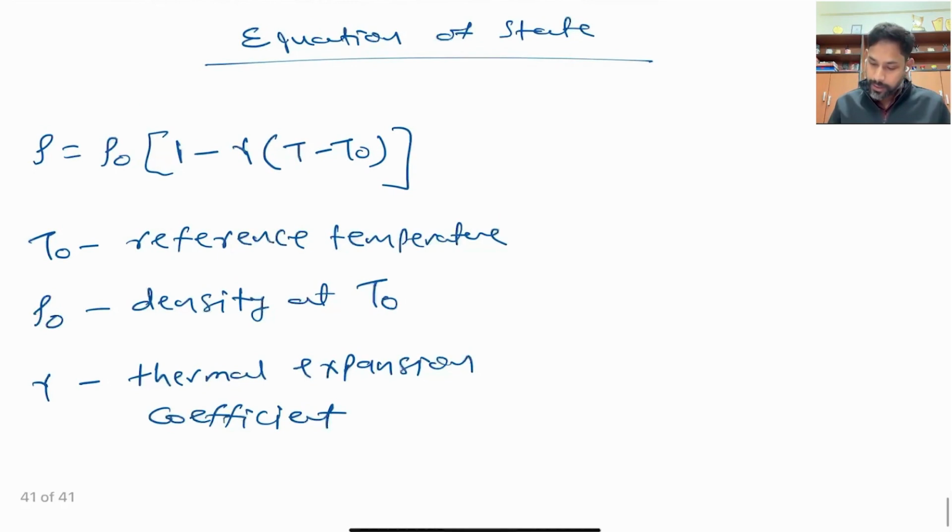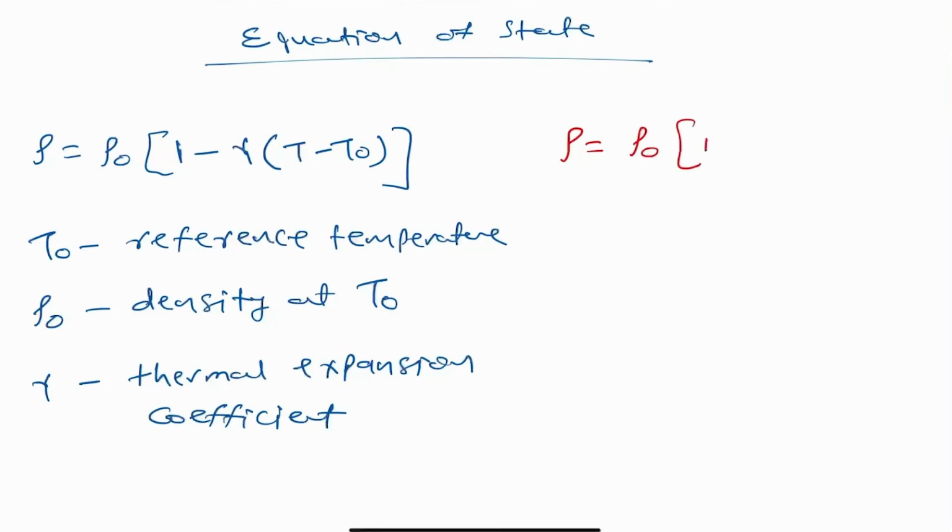Okay, and then another form of equation of state is written in terms of concentration. So that is rho equals rho naught times 1 plus beta (C minus C naught).